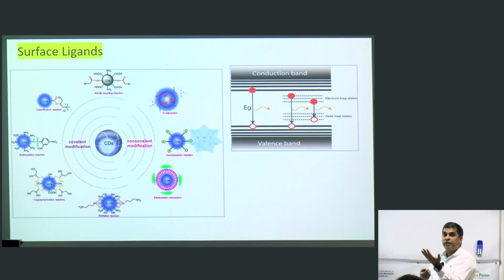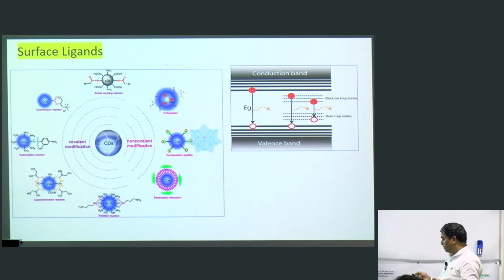Whenever we have different types of surface ligands, because of their electronic configuration, with a lot of oxygen groups, nitrogen groups, other groups, and peptides as well, that can tune and modify your band gaps.